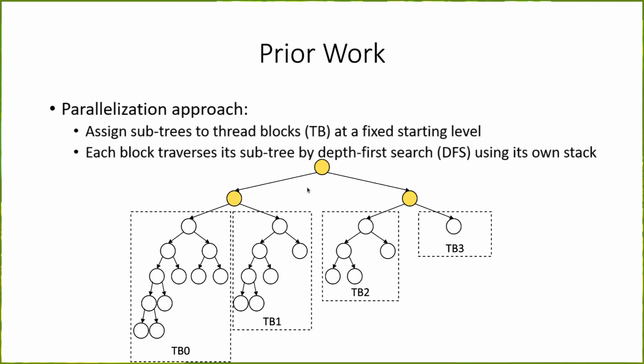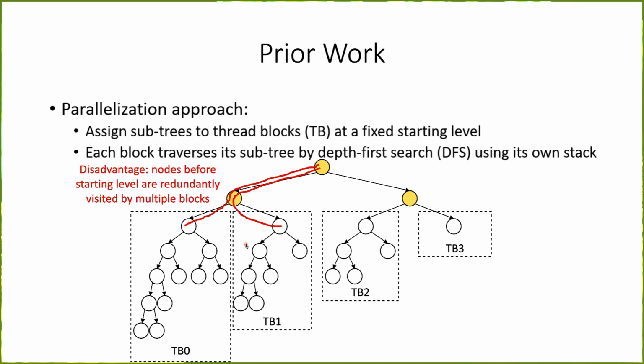So taking this search tree, for example, the starting level is at depth 3, and we assign thread blocks to each subtree. The disadvantage of this approach is that nodes before the starting level are redundantly visited by multiple thread blocks. So we can see here, thread blocks 0 and 1 visit the same nodes until they get to their subtrees.